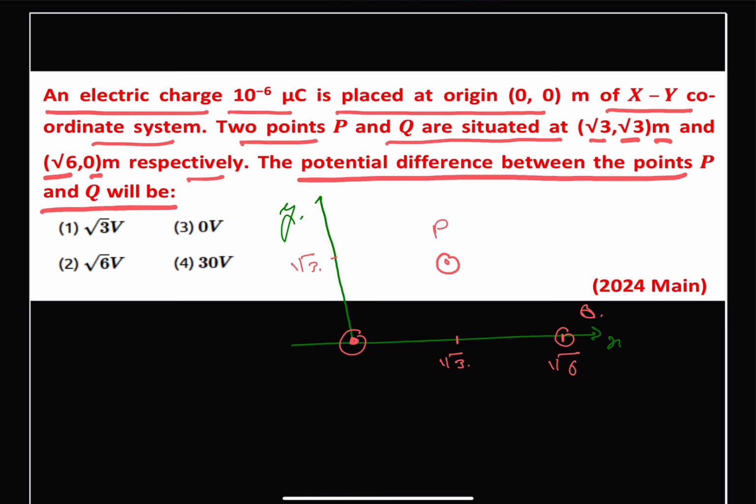And at P point, we say we have a potential of Vp, and at Q point we have a potential of Vq. So we have to find out the potential difference. In order to find it, first of all, because the charge is, suppose this is charge Q, value 10⁻⁶ microcoulomb, we have to find out the potential because of this charge at point P. Let us suppose the distance is Rp.